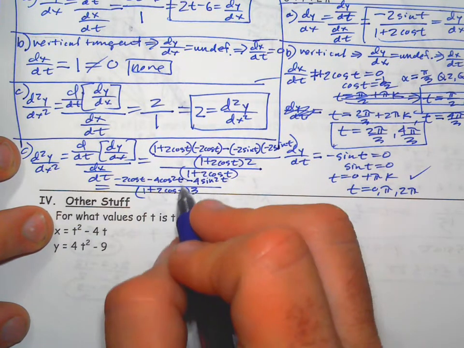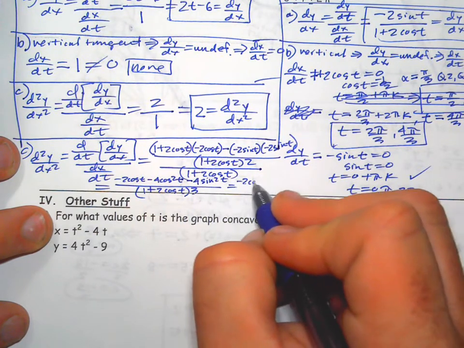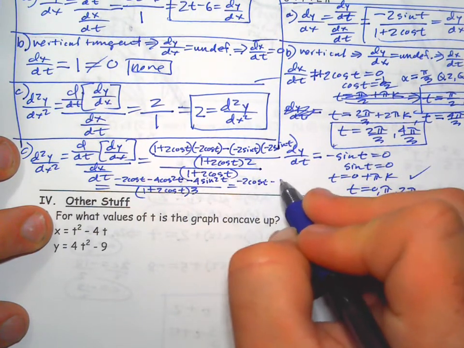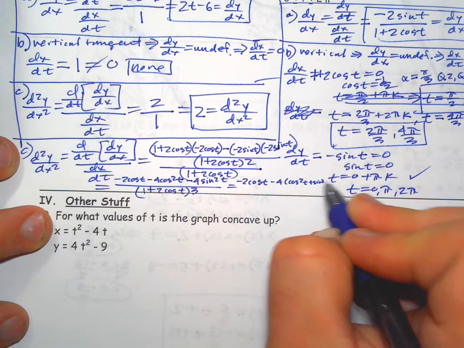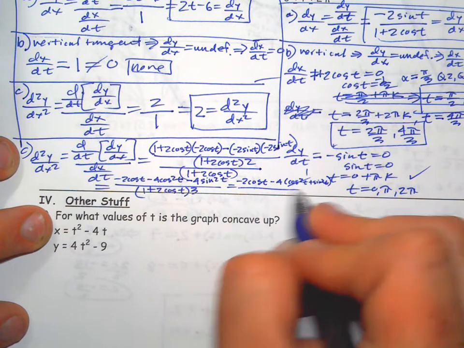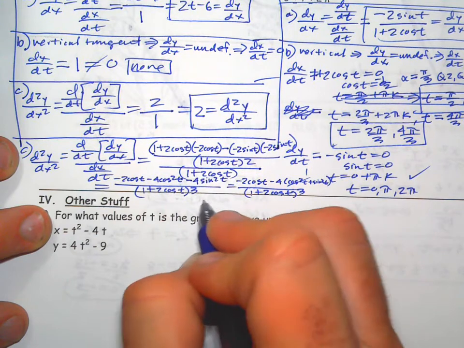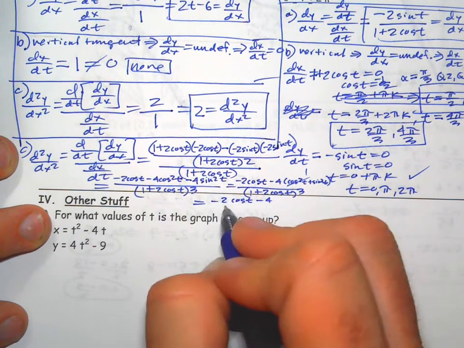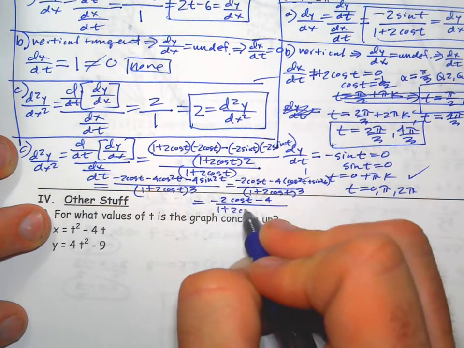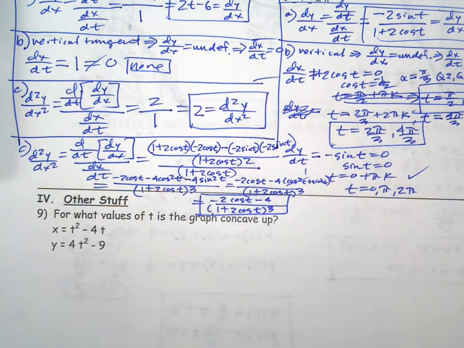Now here, I think we could factor negative 4 out of those. Then you have cosine squared plus sine squared, which is 1. So your best final answer here is negative 2 cosine t minus 4, all over 1 plus 2 cosine t cubed. This is a bit of work, but there we go.